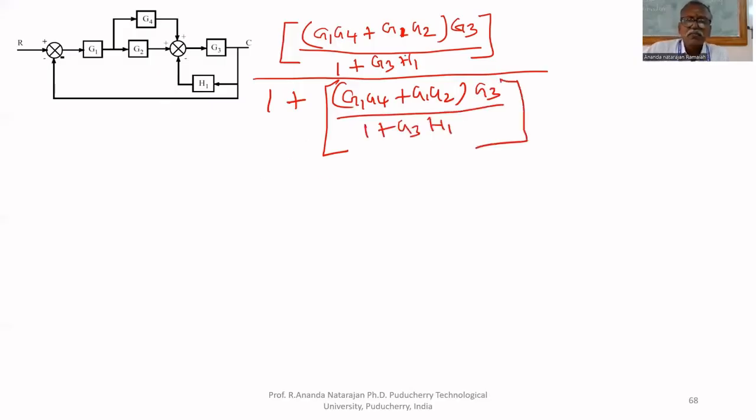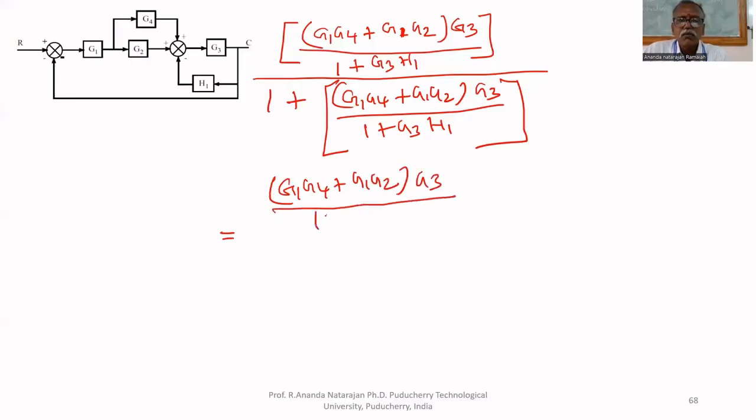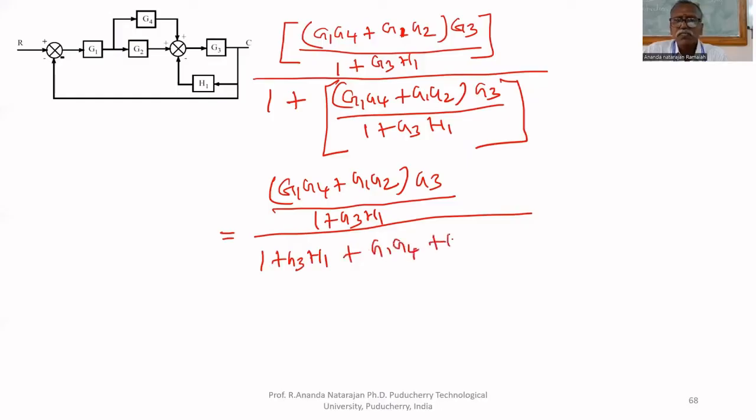If you take LCM, these two get cancelled. So this is equal to G1 G4 plus G1 G2 multiplied by G3 upon, if you take LCM, 1 plus G3 H1 plus G1 G4 plus G1 G2 multiplied by G3, upon 1 plus G3 H1.